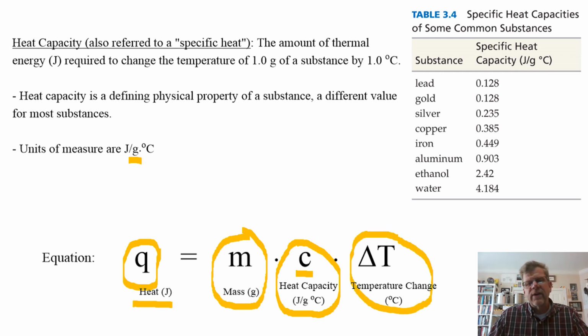Delta, the Greek letter delta, signifies the change. It's not asking for a temperature, it's asking for a temperature change going from an initial set of conditions to a final set of conditions. So if our initial temperature was 15 degrees Celsius and our final temperature was 20 degrees Celsius, that delta T would be 20 minus 15, which is 5 degrees Celsius.